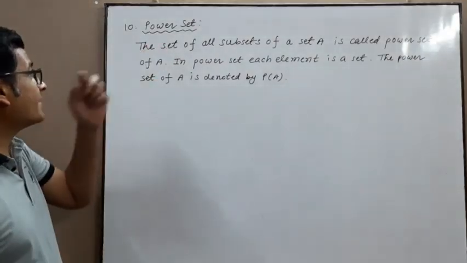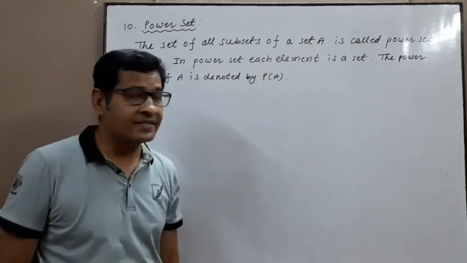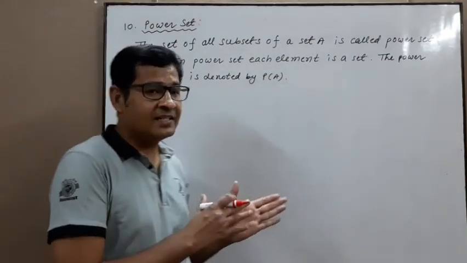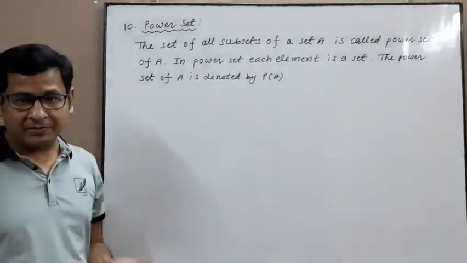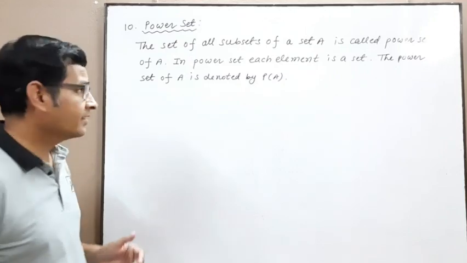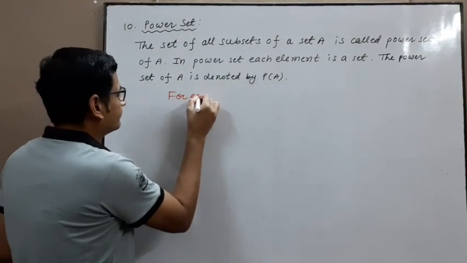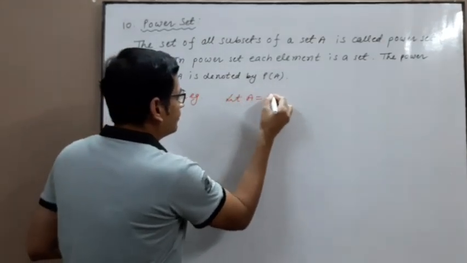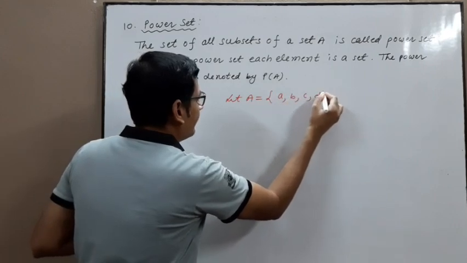Next, power set. The set of all subsets of a set A is called the power set of A. In a power set, each element is a set. The power set of A is denoted by P(A). For example, let A = {a, b, c, d}.